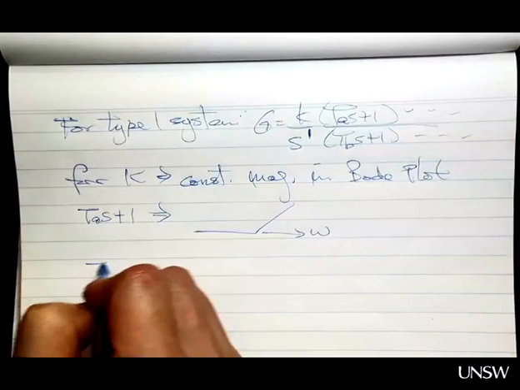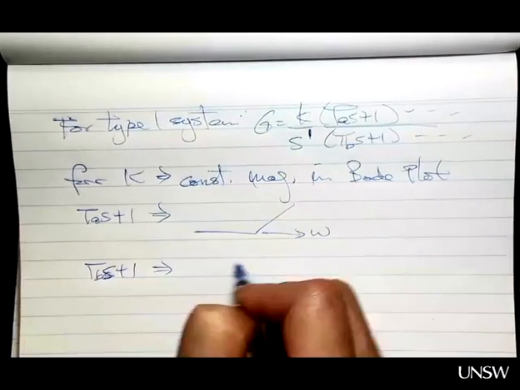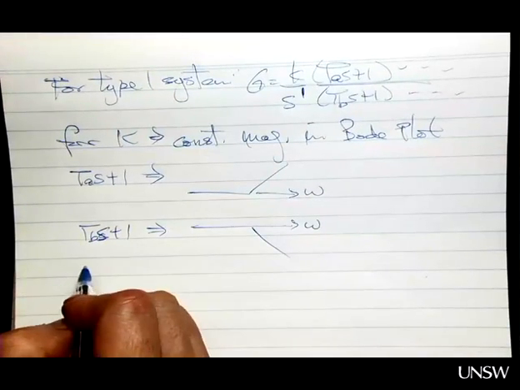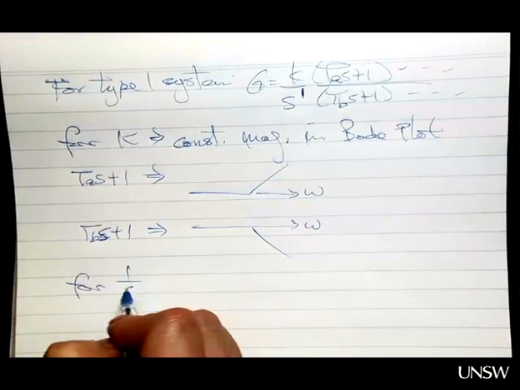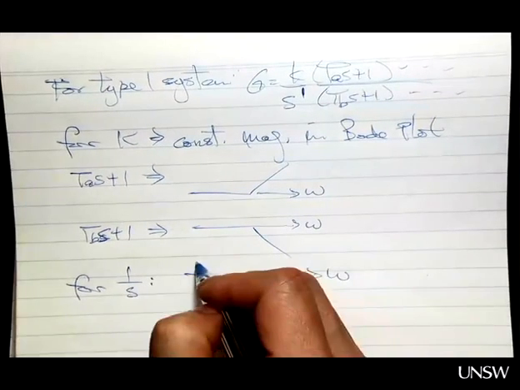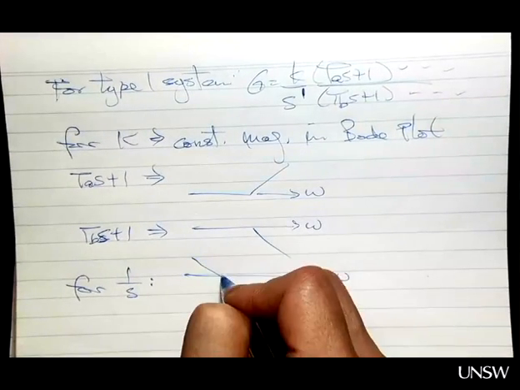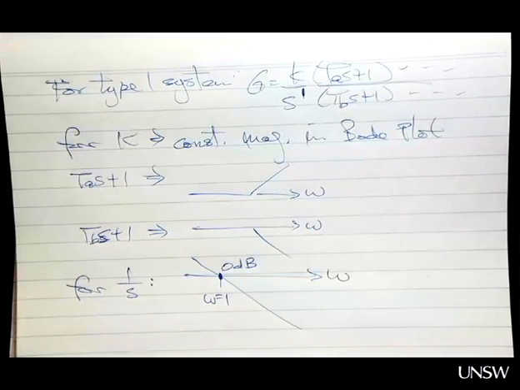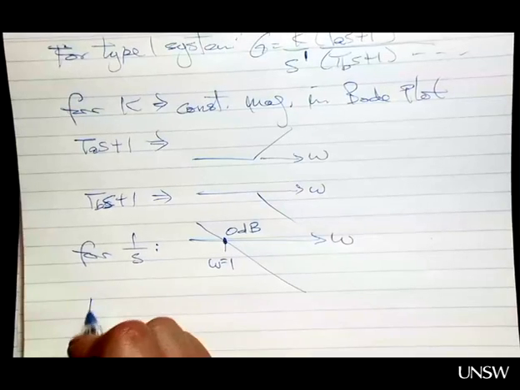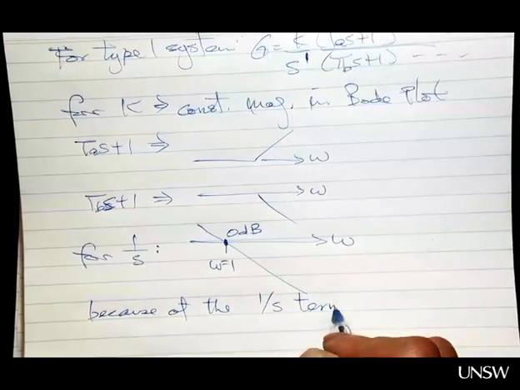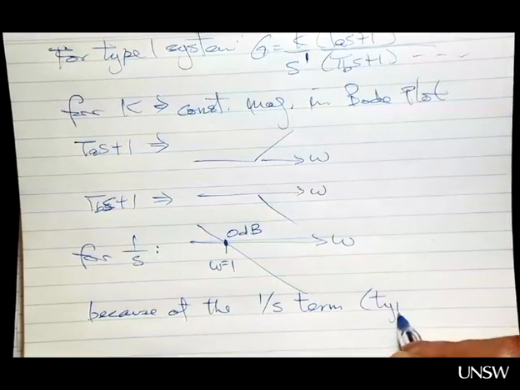For T_B s plus 1, it is decreasing. And for 1 over s, it is ever decreasing, and particularly at omega equals 1, it is 0 decibel, because of the 1 over s term. That is the type 1 system.